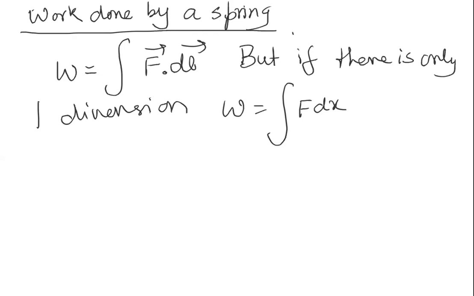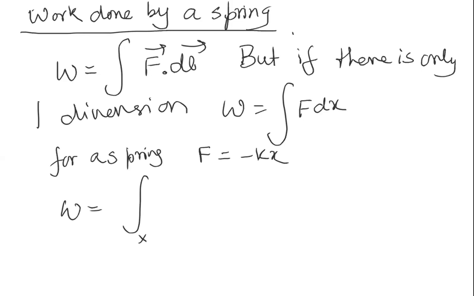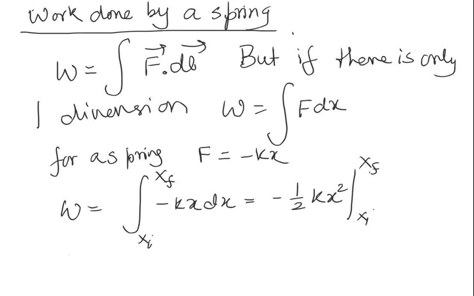So we know that for a spring F is equal to minus kx. So work done is equal to the integral from xi to xf of minus kx dx, which will be equal to minus half kx square from xi to xf.